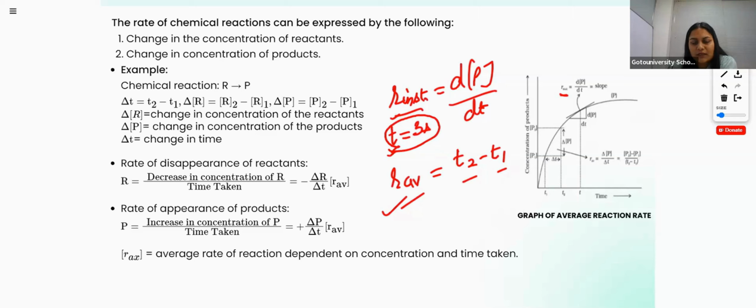for that instant, that particular time, we use this formula, that is dP by dt, the small change in the molar concentration of product with respect to change in time. This is the formula for calculating the instantaneous rate.